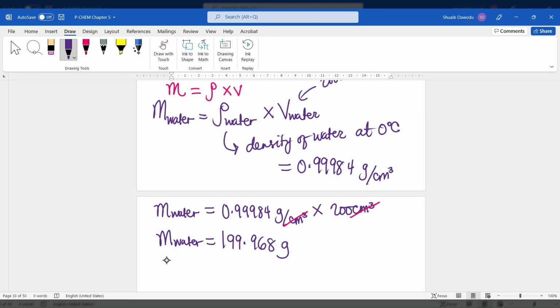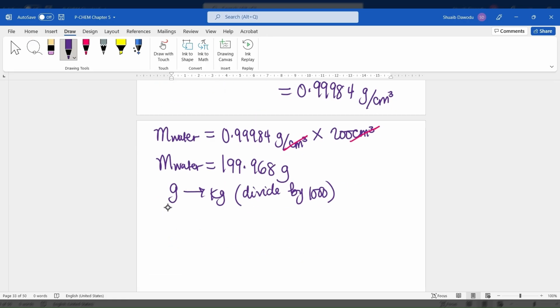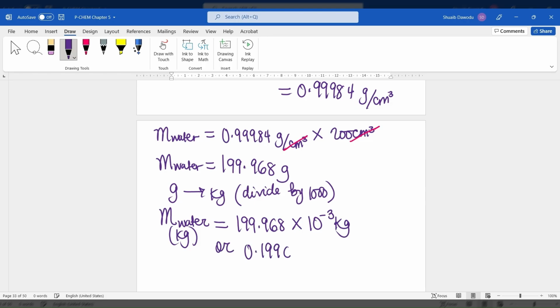Now remember, the question says to have the mass of water in kilograms. So we're going to go from grams to kilograms, which is simply divide by 1000. So the mass of water in kilograms is simply going to be 199.968 times 10 raised to the power of negative 3 kilograms, or we can just simply say 0.199968 kilograms.